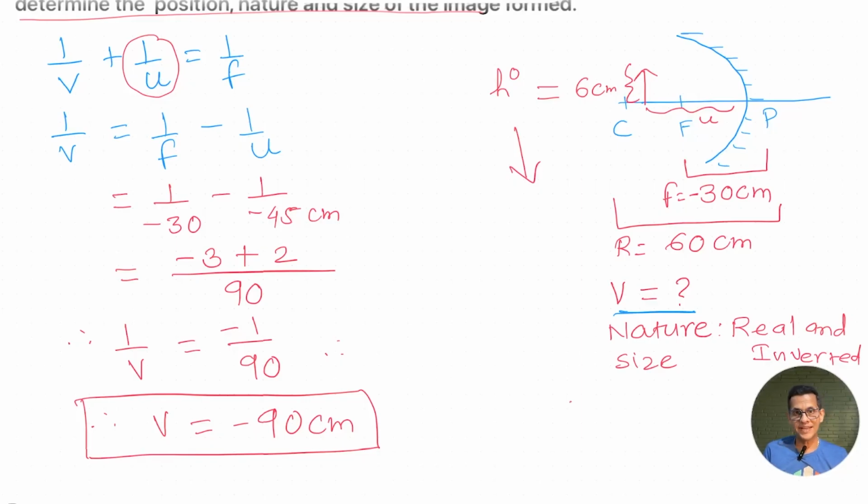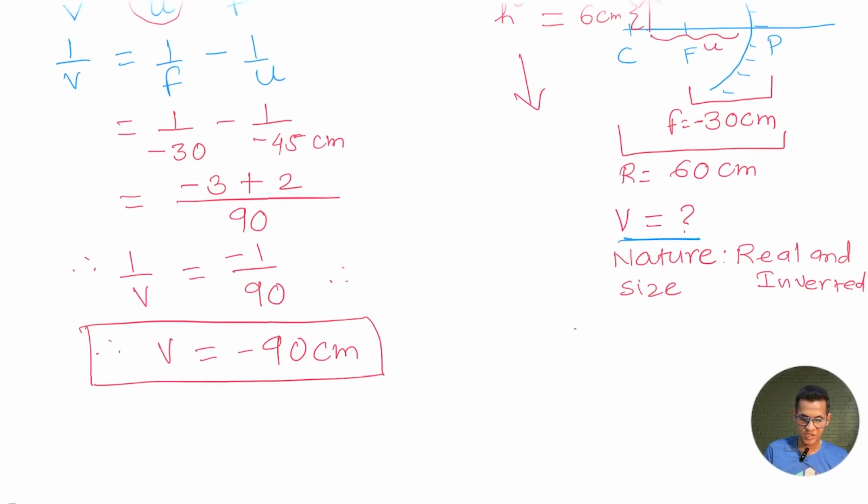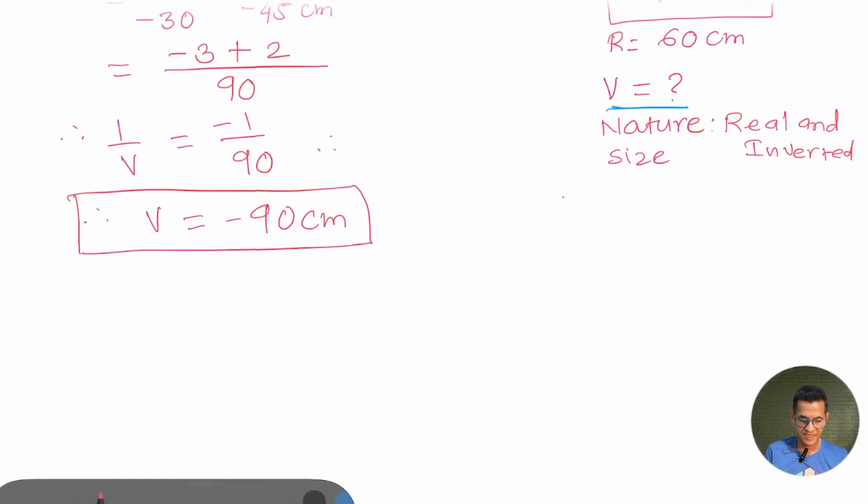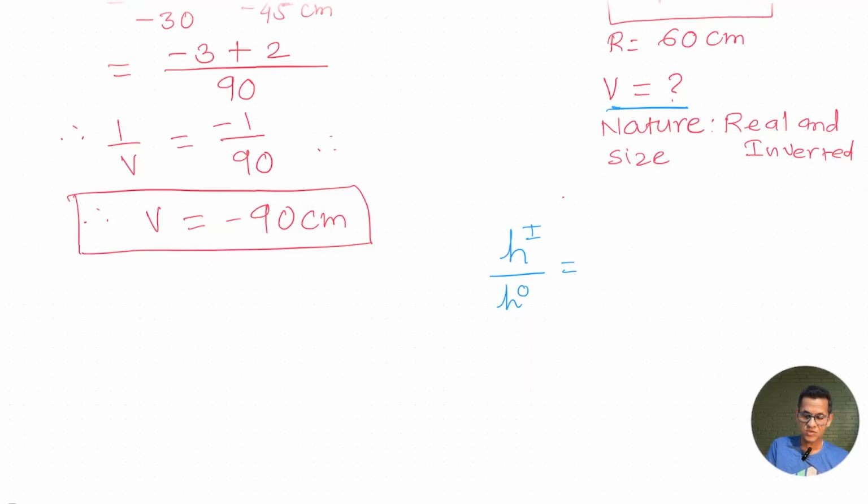We also have to find the height of the image formed. Once we find the height, we'll also be able to confirm the size and nature of the image formed here. So to find the height of the image, I'm going to use part of the magnification formula, that is height of the image to the height of the object is equal to negative V upon U. So height of the image we have to find.